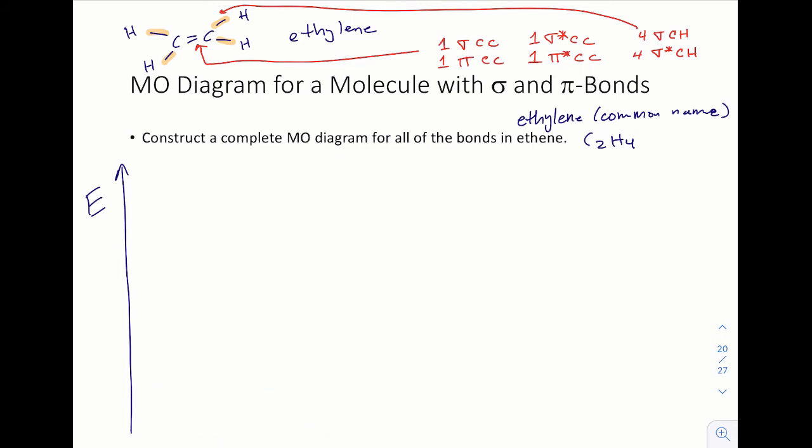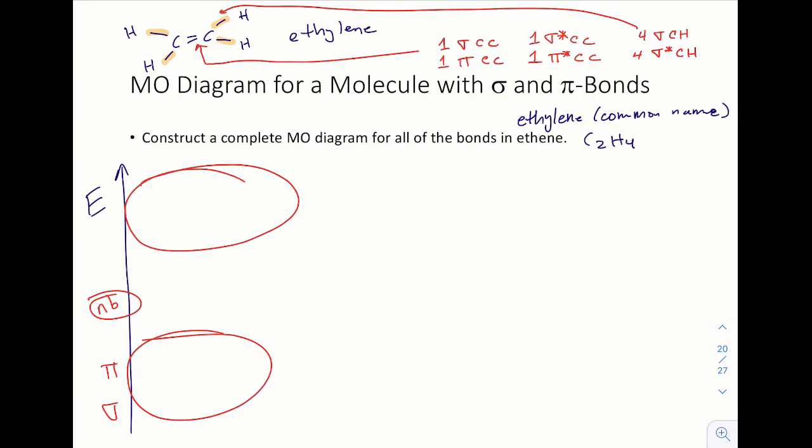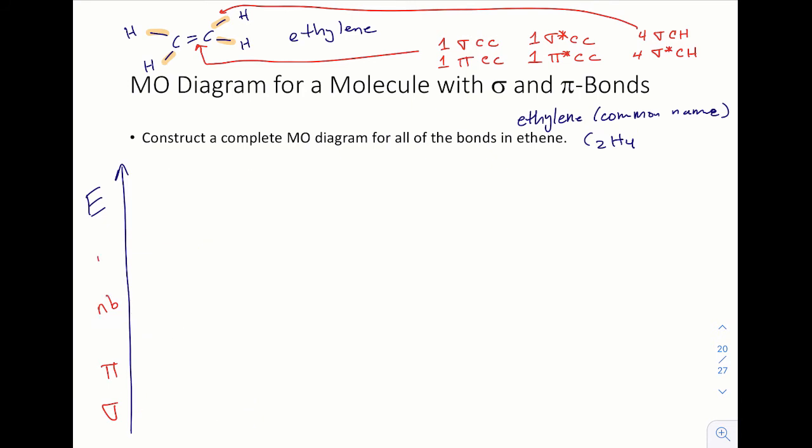Quick reminder, we know that bonding orbitals are the lowest energy, then non-bonding orbitals, such as atomic orbitals, right? We started out at atomic orbitals, bonding were lower energy, antibonding were higher energy. All right, and then antibonding pi star is lower energy than sigma star. Okay, so our lowest energy orbitals will be sigma CC and sigma CH orbitals.